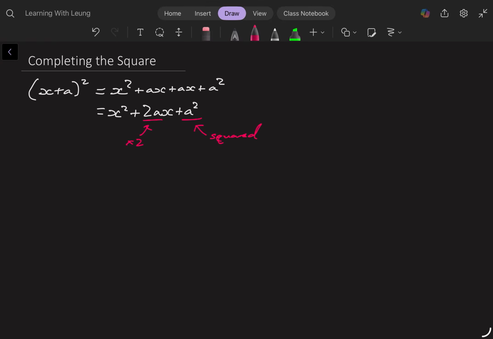The reason why this is important is because this means that we can now isolate a pattern and, as we say, complete the square. That is, we can recover or get back this bracket by making sure that this pattern holds. So that's what we do when we complete the square.